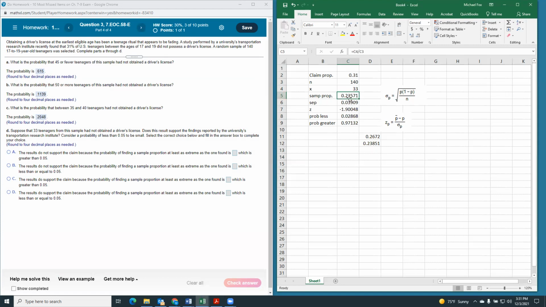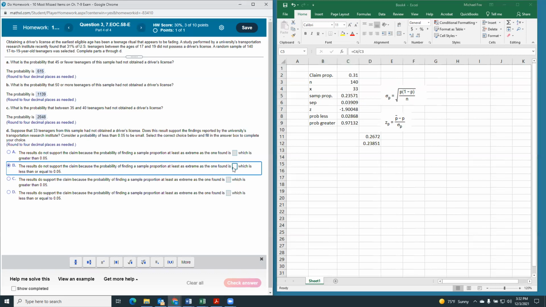So if we come out with a probability that it's less than that of 2.9%, something like that, we would have to say that the results do not support the claim because what we found is 0.03, which is less than or equal to 0.05.